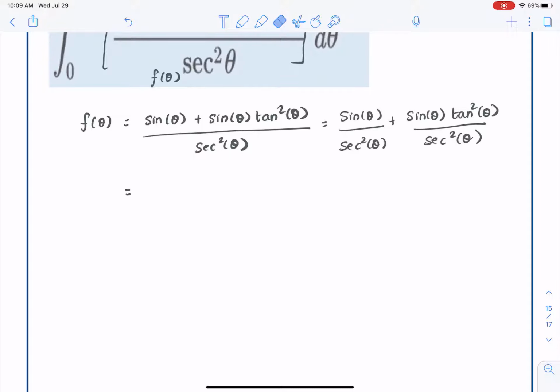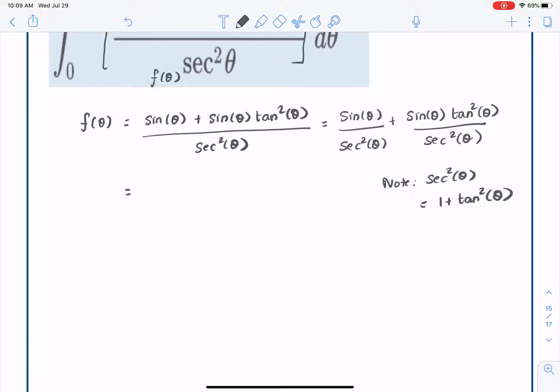Or is it 1 minus? Secant squared theta is 1 plus tangent squared theta.